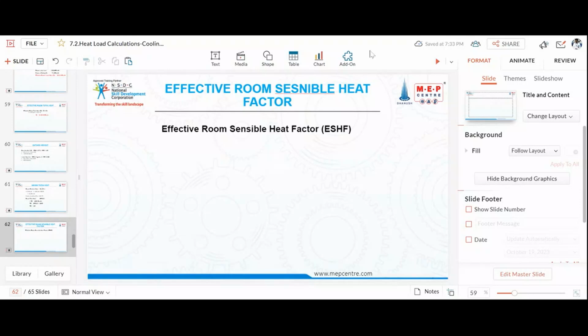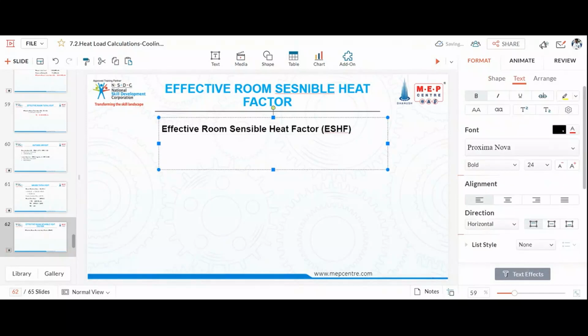Okay. Effective room sensible heat ESHF equals QS divided by QT. What is the QS value?